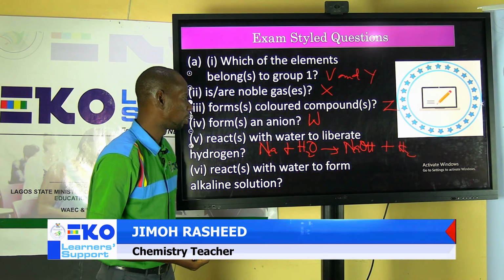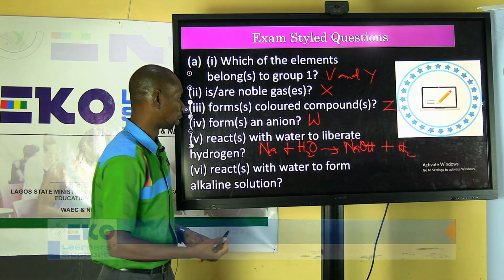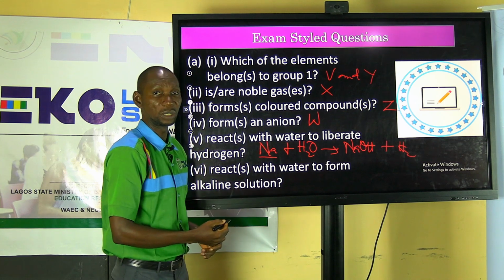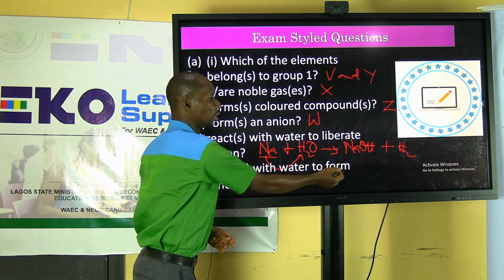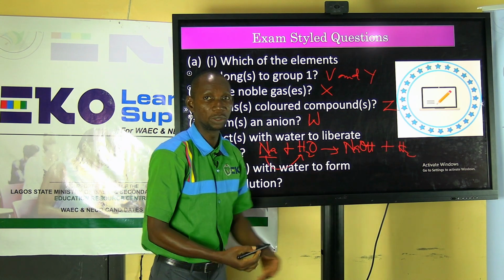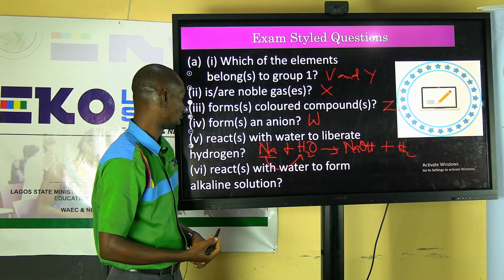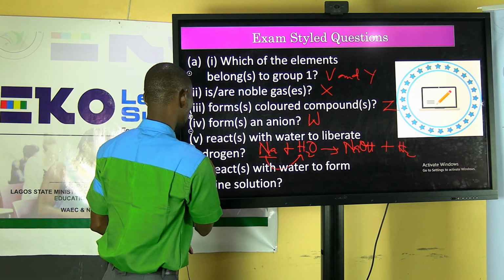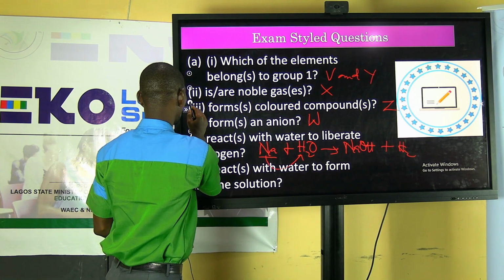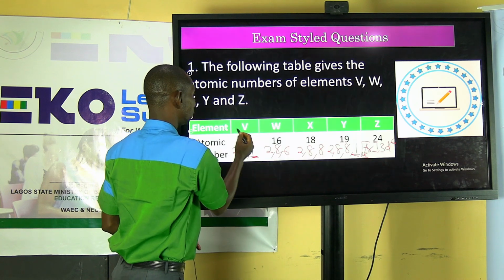This reaction is simply a displacement reaction because the sodium is more electropositive and so is displacing the hydrogen and then liberating the hydrogen as a gas. Okay, so let's look at which of the options corresponds to this.